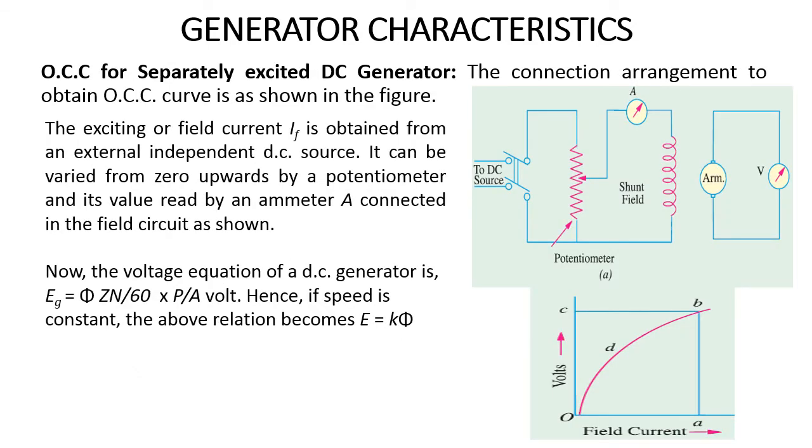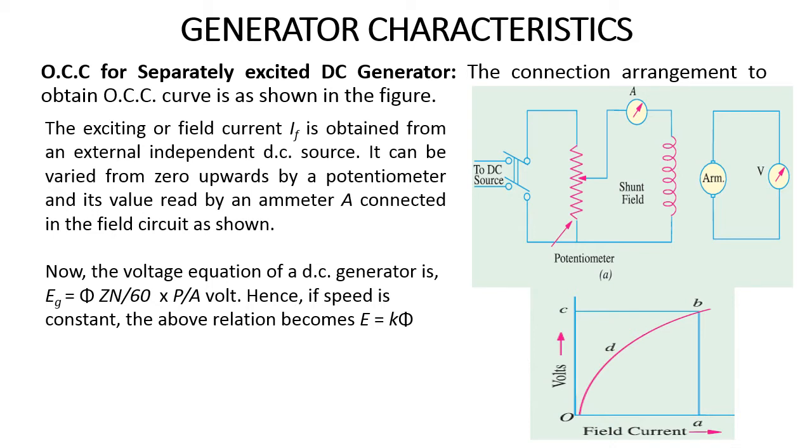OCC for separately excited DC generator. The connection arrangement to obtain the OCC curve is as shown in the figure. The exciting or field current IF is obtained from an external independent DC source. It can be varied from 0 upwards by a potentiometer and its value read by an ammeter A connected in the field circuit as shown in the figure.